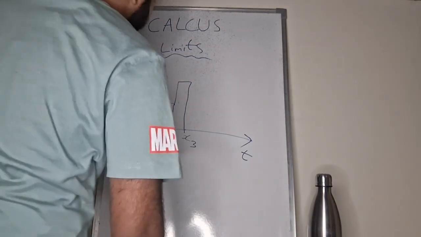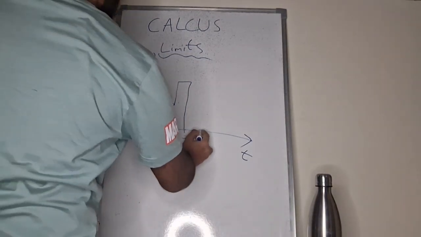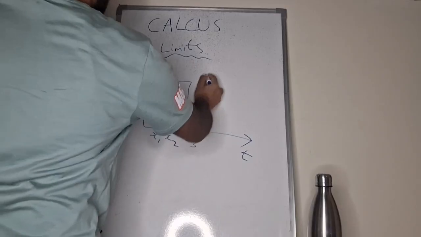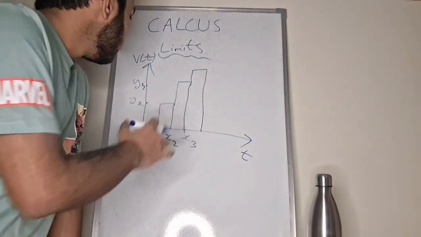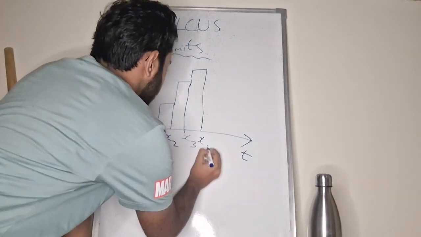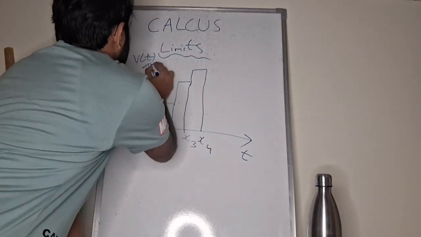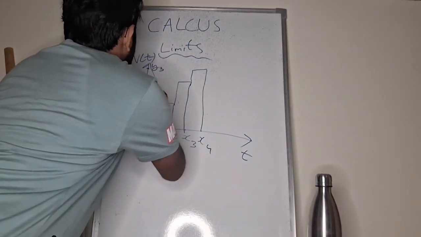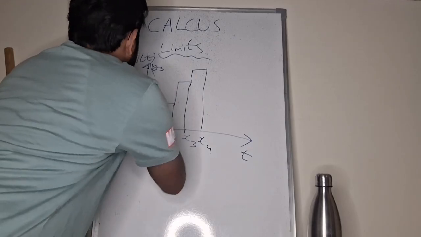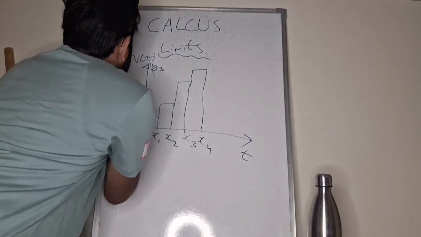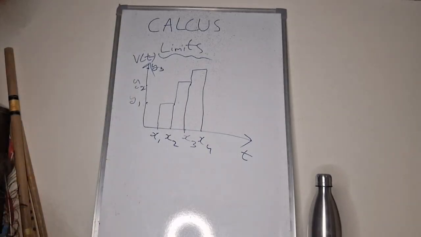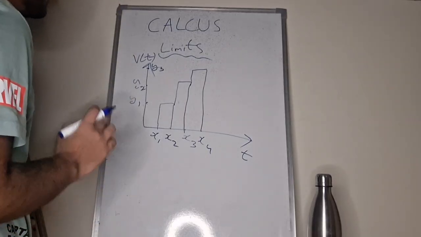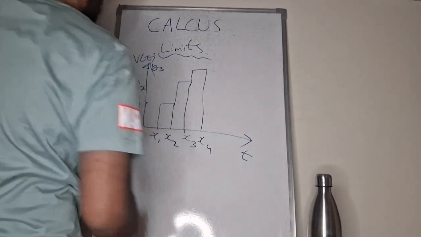So this is this. Now, if you keep refining this, let's say this is x4. Now, if you keep refining this, what does that mean?